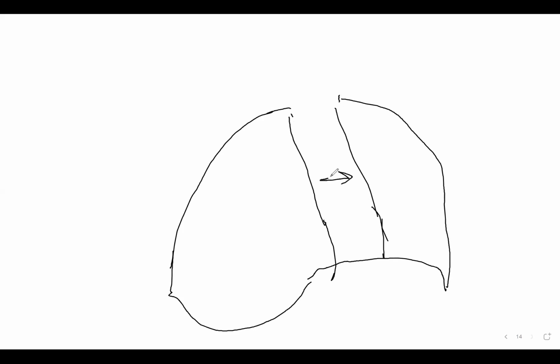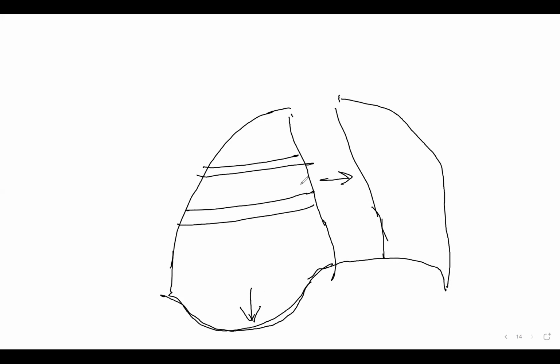See, mediastinum shifts to this side. Diaphragm is at a lower level, and the ribs are wider apart. So don't forget, these are the three features you see on X-ray. Okay, one, mediastinal shift. Two, widening of intercostal space. Three, depression of diaphragm of the affected side.